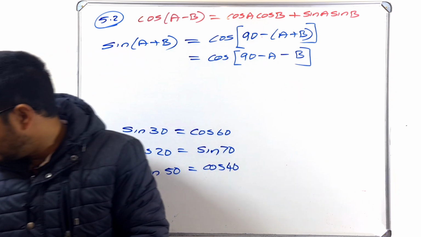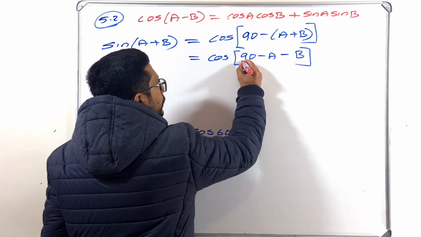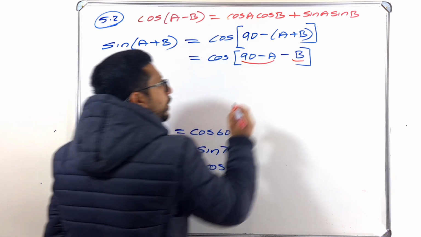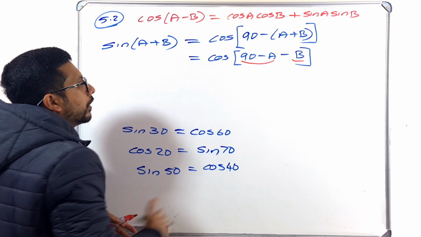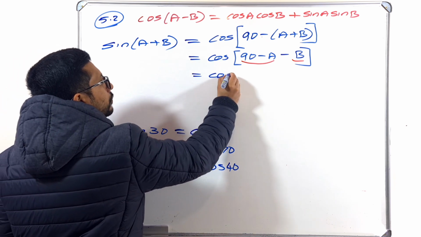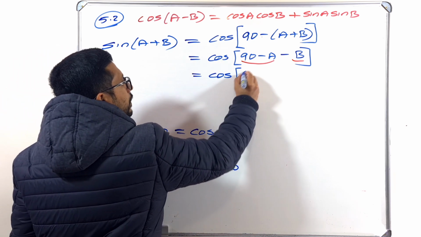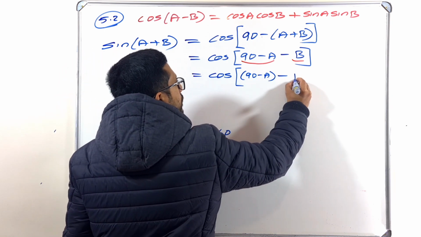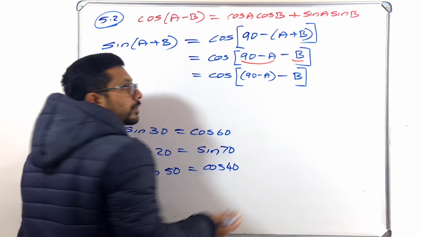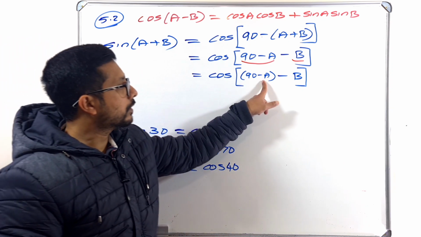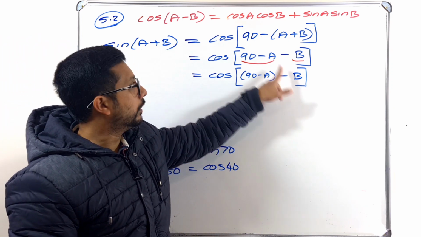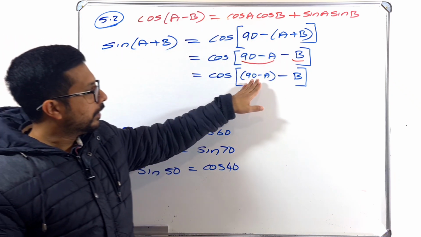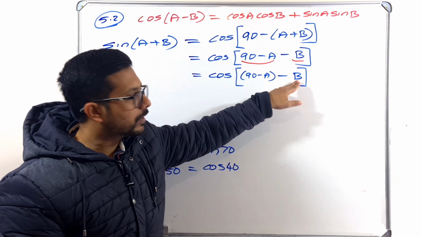So I'm going to consider this as the first one and this as the second one. Cos of 90 minus a, minus b. It's the same thing, am I right? This is one first term and this is the second term.